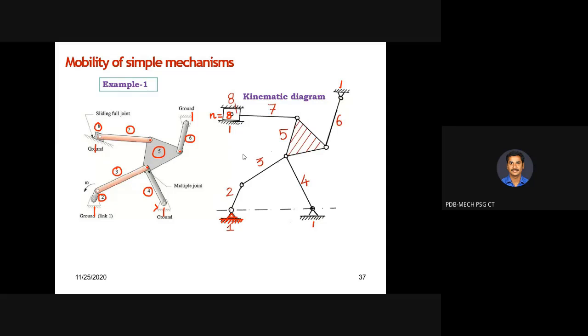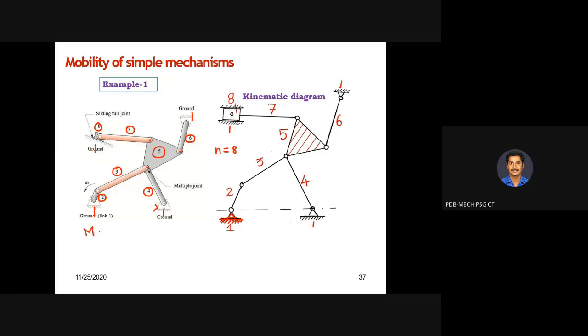Now we know that there are 8 links, in which we need to use what rule to find the mobility? What is the rule we are supposed to use for mobility or degrees of freedom? Yesterday we discussed Grubler's equation, or Kutzbach equation.